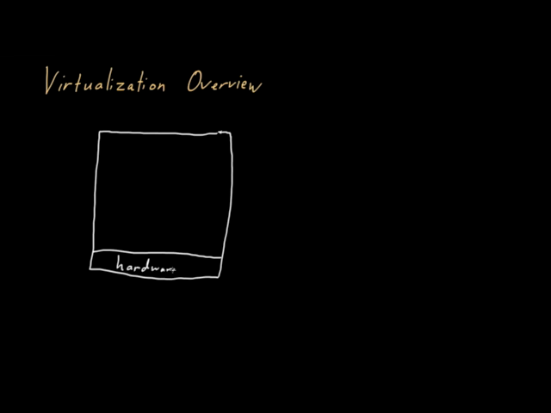That might include things like a CPU, a hard drive, and in addition, networking, memory, and so on. Now, typically on top of the hardware on a computer, you have what's called an operating system, or OS. These may be things like Linux or Windows or Mac OS and so on.